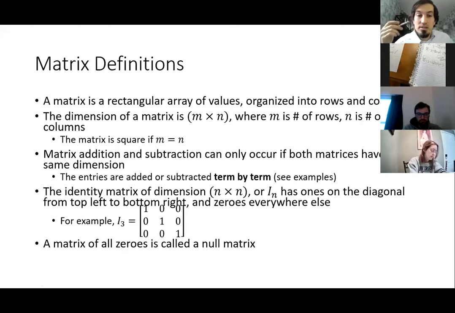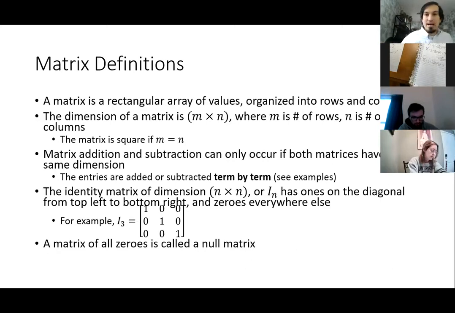If you try to do it with two matrices that are different dimensions, your calculator should say error, because there is an error. You can't do it. How do you do it? You just add things term by term. You add whatever's in the top left of the two matrices, and that becomes what's in the top left of the new matrix.